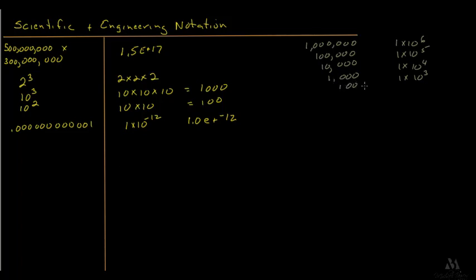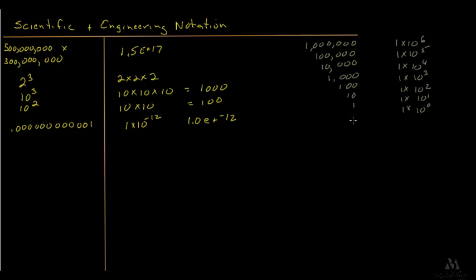We have 100, 1 times 10 to the second. 10, 1 times 10 to the first, we got 1 zero. And finally we get down to 1. That is 1 times 10 to the 0 power. We don't add any zeros.